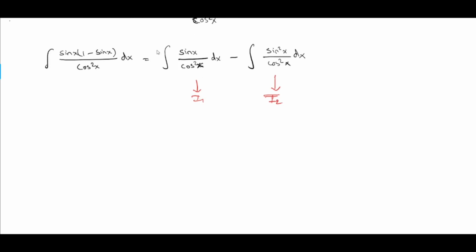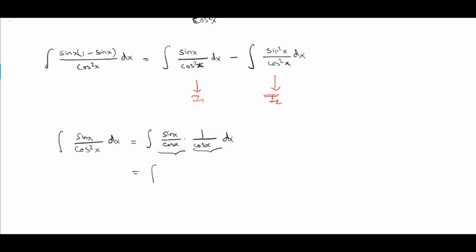So first, what we have here is sin x by cos square x dx, which can be written as sin x by cos x and 1 by cos x. Why did I do this? Because this looks like a tan to me, and the rest is a secant, and dx.